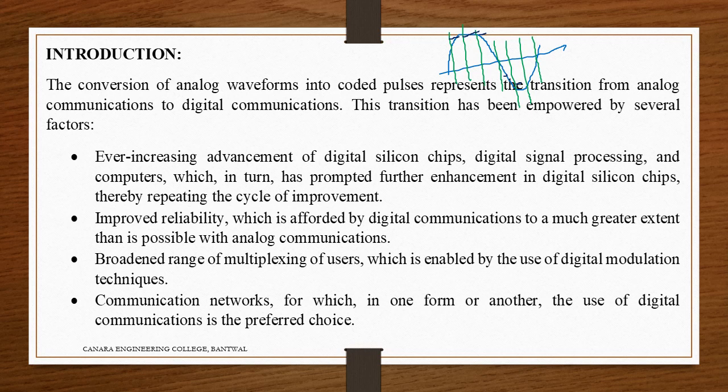In this conversion, the signal is first represented in the form of a coded pulse, and then this estimation process is converted into quantization levels. This means the analog waveform has been converted into coded pulses, and that represents the transition from analog communication to digital communication. The maximum value is taken there.